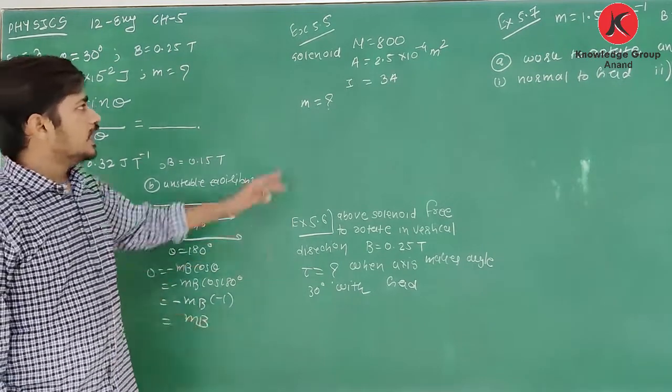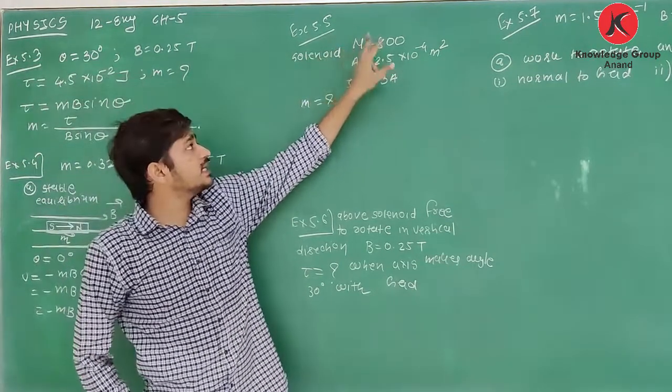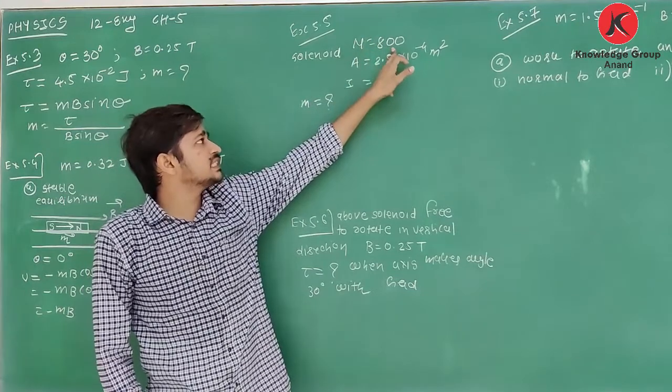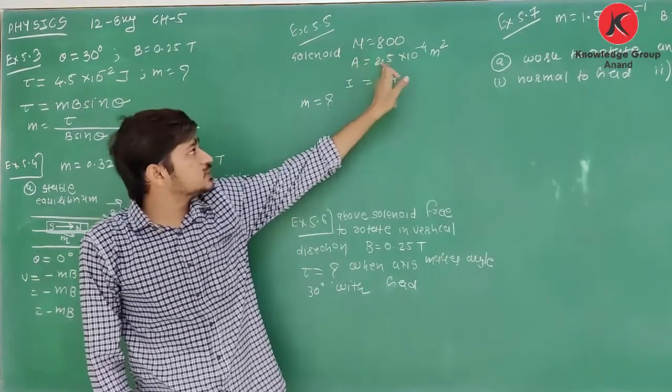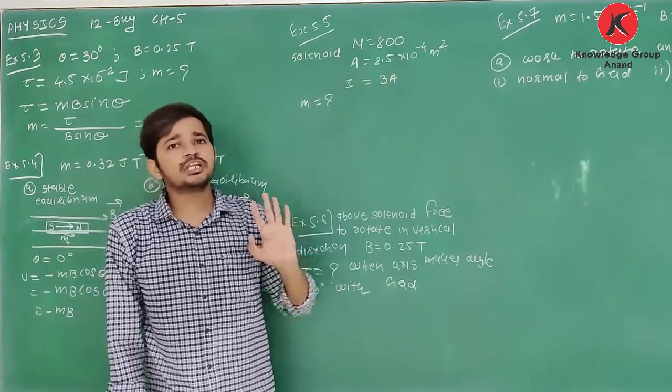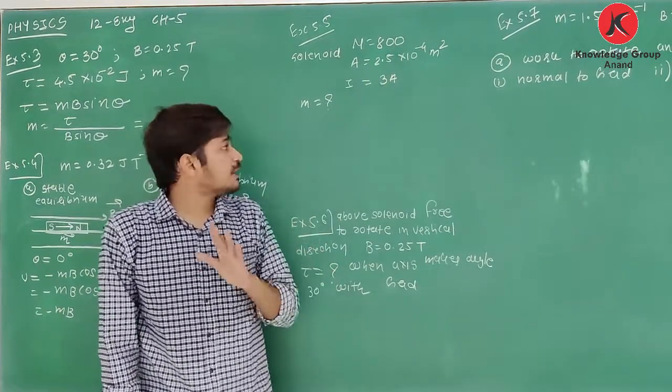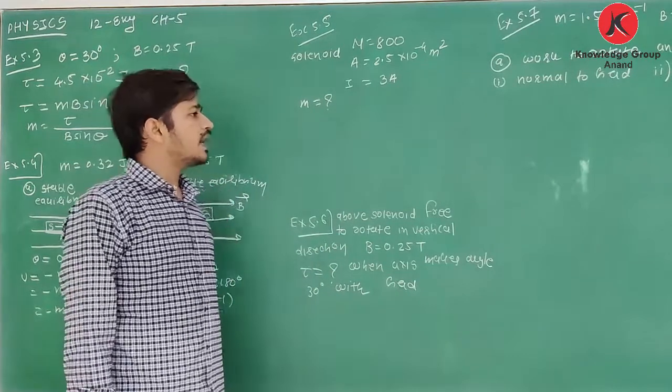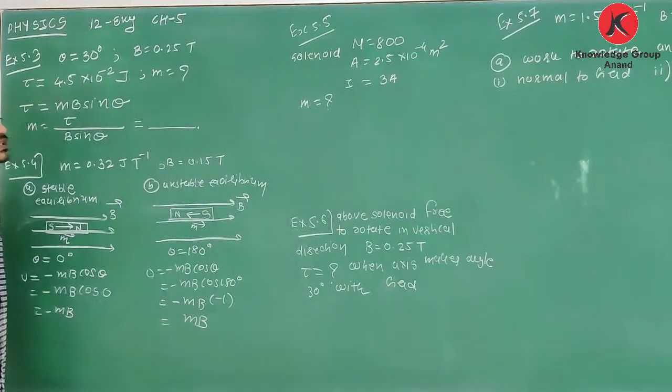Next, we have a solenoid carrying current, having number of turns 800, area of cross section equal to 2.5 into 10 raised to minus 4 meter square, and I is equal to 3 ampere. You have to find the magnetic moment associated with this solenoid.